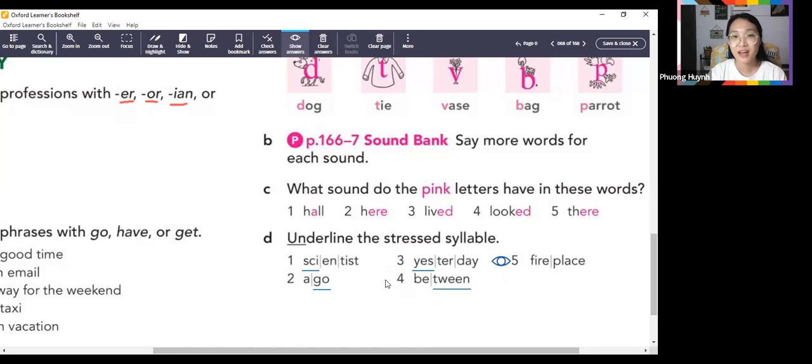Correct. Number 5, fireplace. Fireplace. Now, fireplace thì mình nhấn âm nhất vậy. Fireplace. Okay. Rồi, cô đọc lại nha. Scientist. Ago. Yesterday. Between. Fireplace.